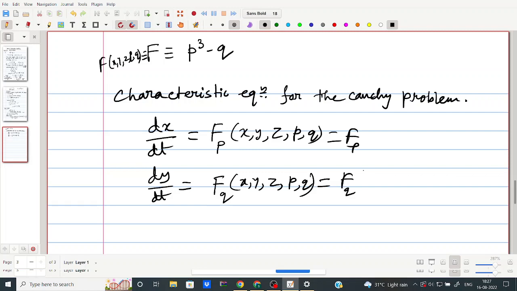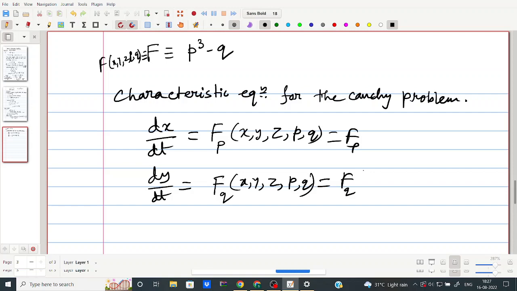Okay, first let me solve this equation. That will be better. Then I will move to question number 5. Let me write the equation. What is FP? Tell me. FP is 3p square, right? You understand what FP is from this F?